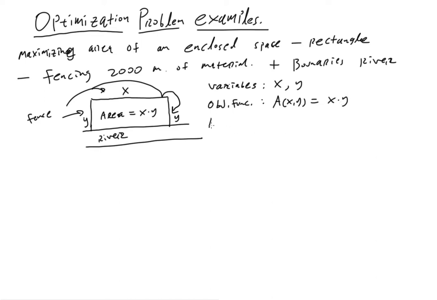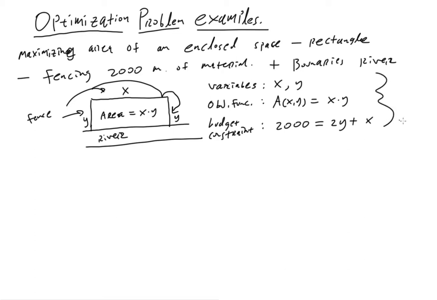And our budget, or our constraint, that equation is going to be that we have 2,000 meters to work with, in which case we need, of course, 2y, but only 1x, because the river is some free fencing essentially that we don't need to account for. So this becomes our constraint equation.